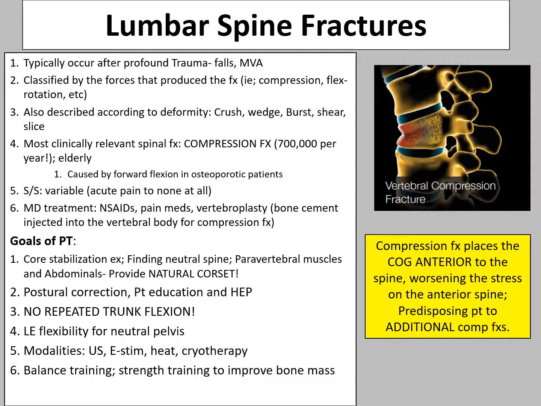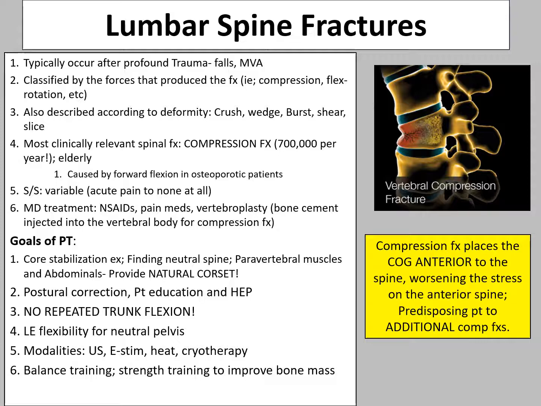Lumbar spine fractures often are a result of trauma, like a fall or a motor vehicle accident. They can be classified by the forces that are produced, whether it's a compressive force and compression fracture or flexion rotation. Also on what the bone deformity is, whether it's a crush fracture, wedge, burst, shear. Most common spinal fractures are compression fractures.